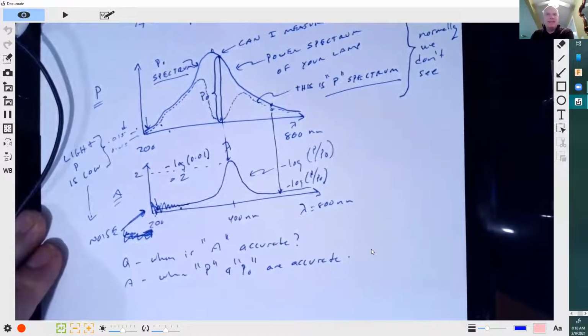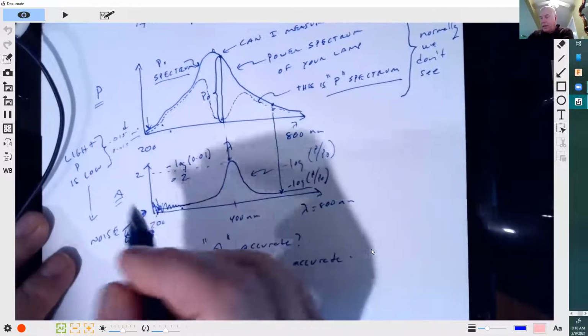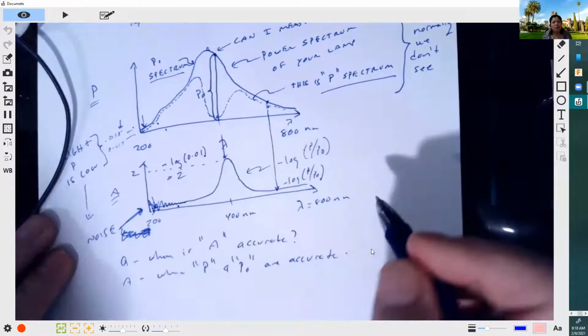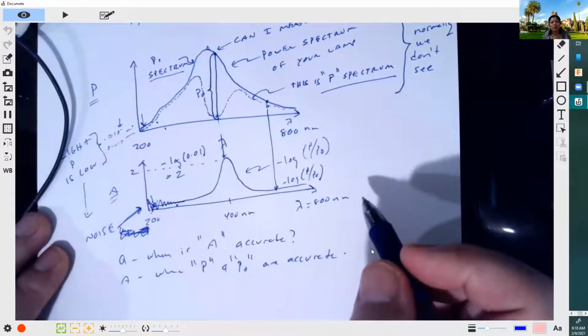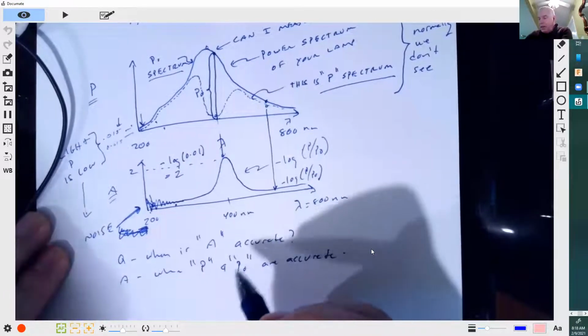Does that make sense? It's inaccurate when you go outside the range. Right, exactly. So there are really two things.